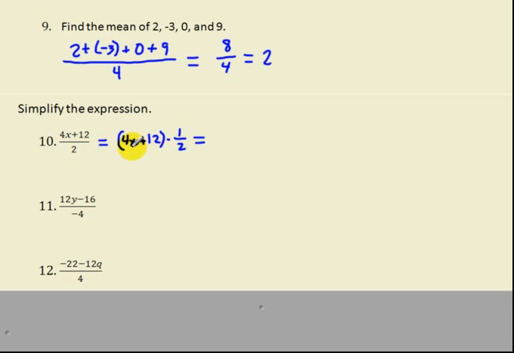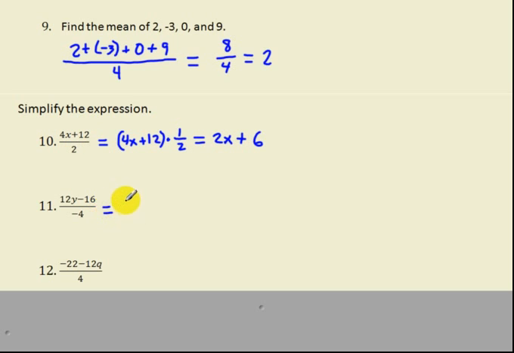Okay, so half of 4x is 2x plus, and that is a plus, not a negative, half of 12 is 6. So this can be simplified to 2x plus 6. Notice again, 2 does go into both 4x and 12. So if you take 4x divided by 2, 12 divided by 2, you'll get the same result here.